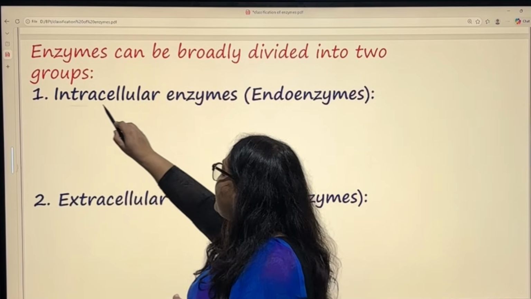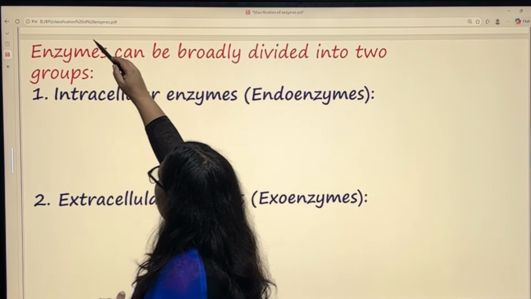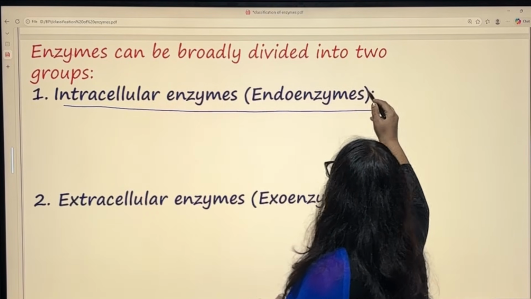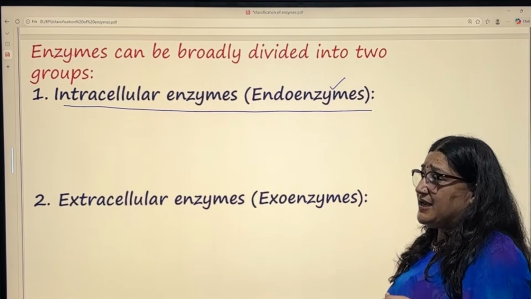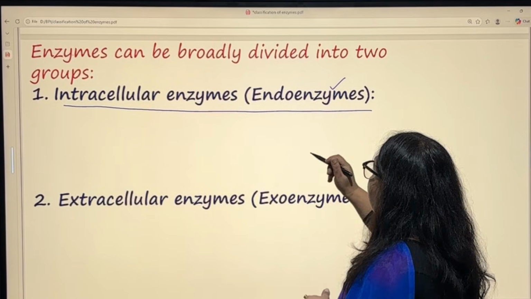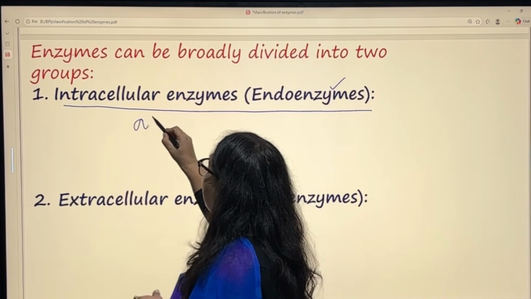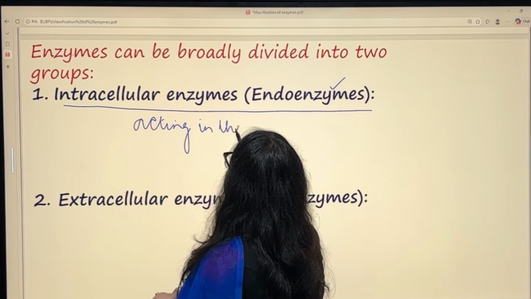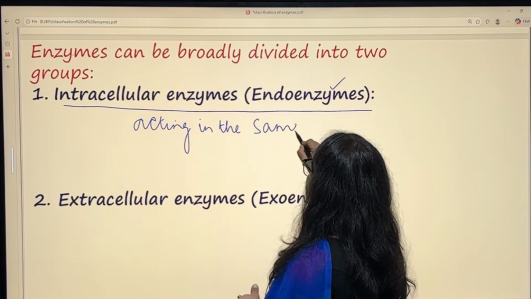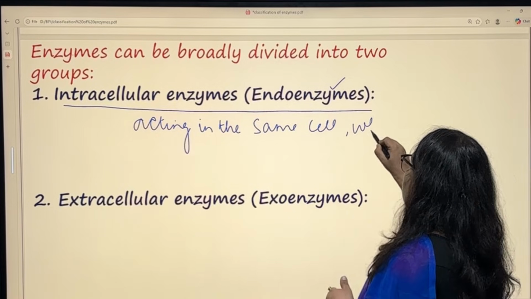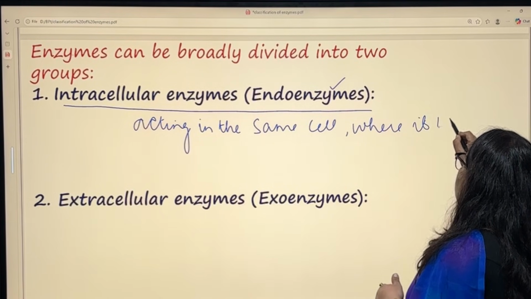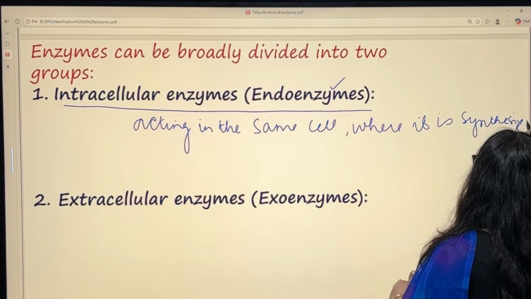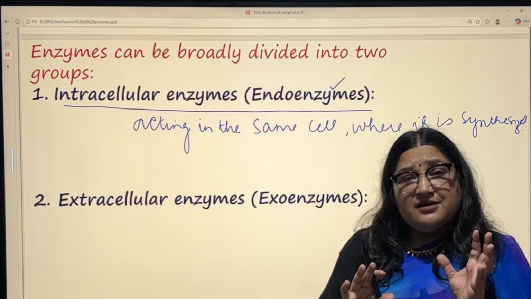One is the intracellular enzymes, also known as endoenzymes, where the enzyme acts in the same cell where it is synthesized. It is acting at the same location.